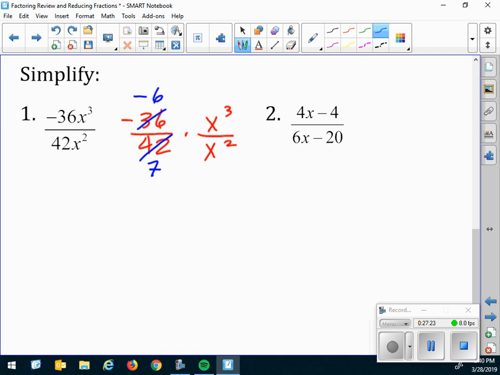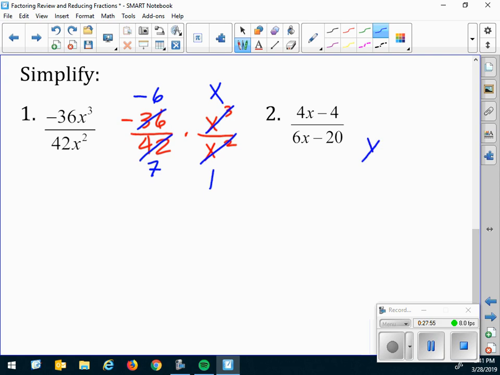Now let's look at the x's. How's that going to simplify? There you go. If you're dividing like bases, what do you do to the exponents? You subtract. So that's going to give me just x in the numerator or denominator? Numerator. If the exponent was negative, I'd flip it, but the exponent is not negative, so I don't have to flip anything.